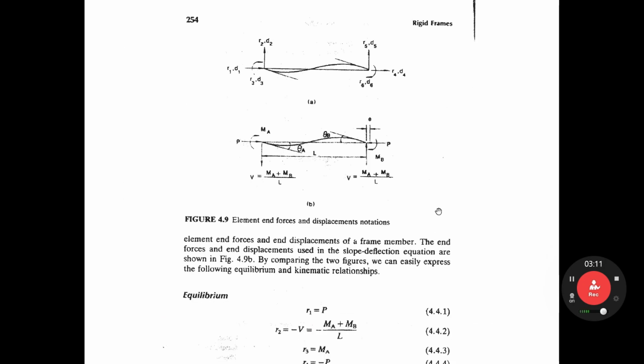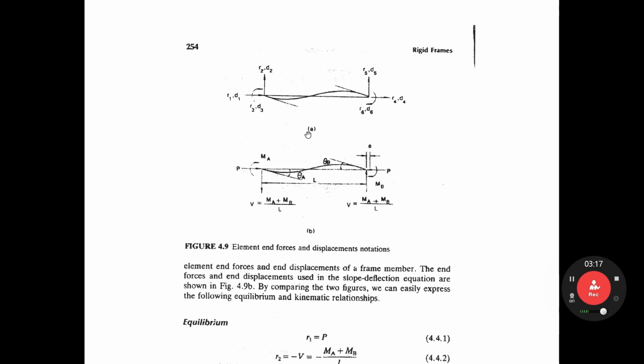I'll use the textbook. Again, this is the coordinate R1, R2, R3. This is the end moment. D1, D2, D3, and so on are the end displacements corresponding to the matrix analysis procedure. This is the slope deflection equation, member force and then displacement.